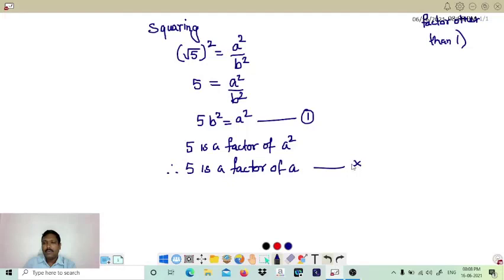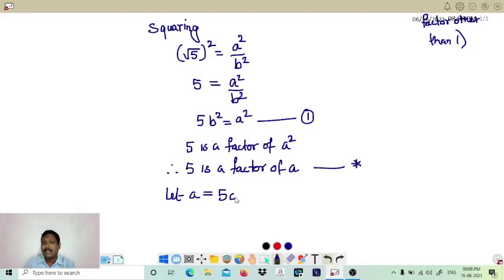Now see what the meaning of 5 is a factor of a is. When we reverse it, a is a multiple of 5. So let a be equal to 5 into some number, because a is a multiple of 5.